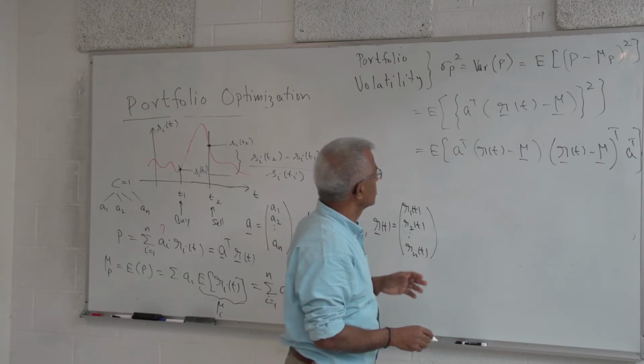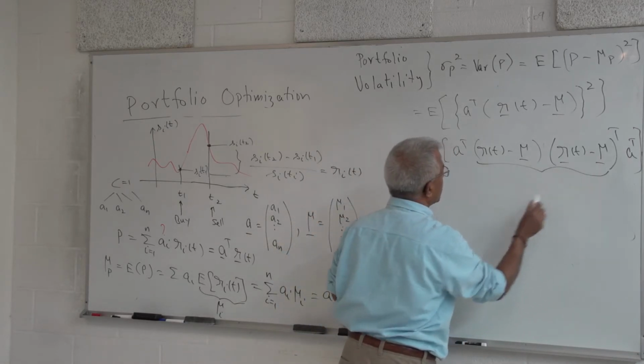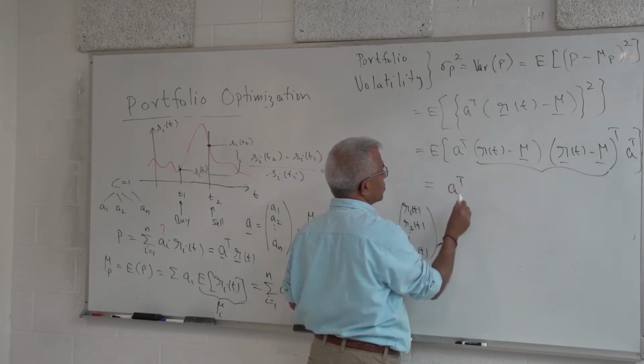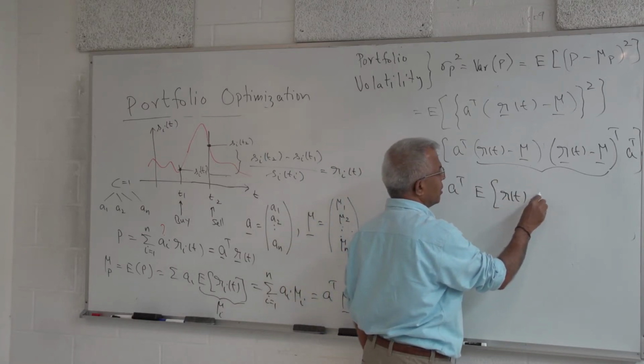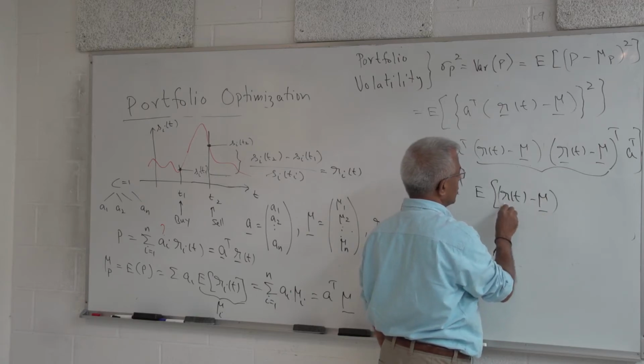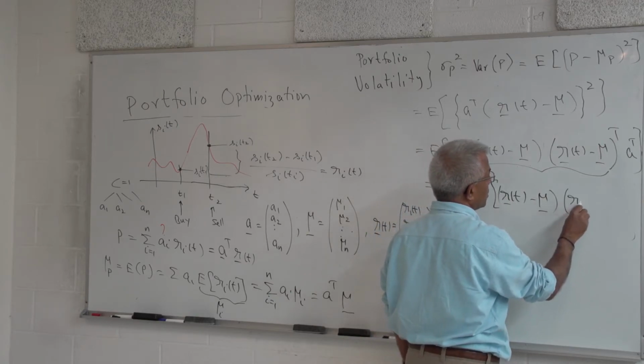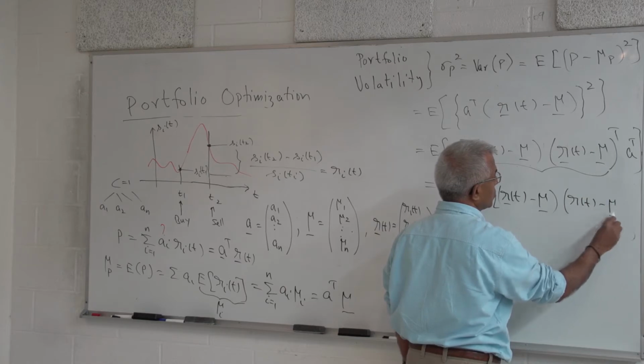But notice that the expected value comes only here. So you can write in vector notation the expected value of RT minus mu multiplied by RT minus mu transpose.